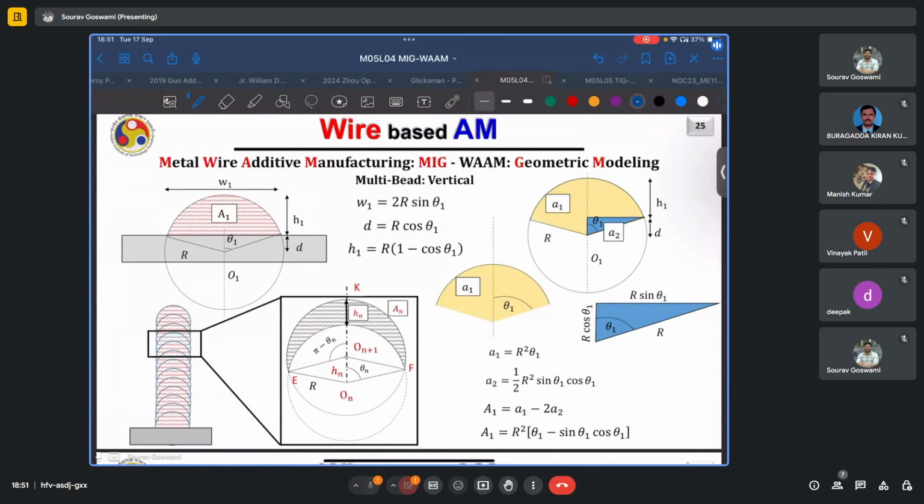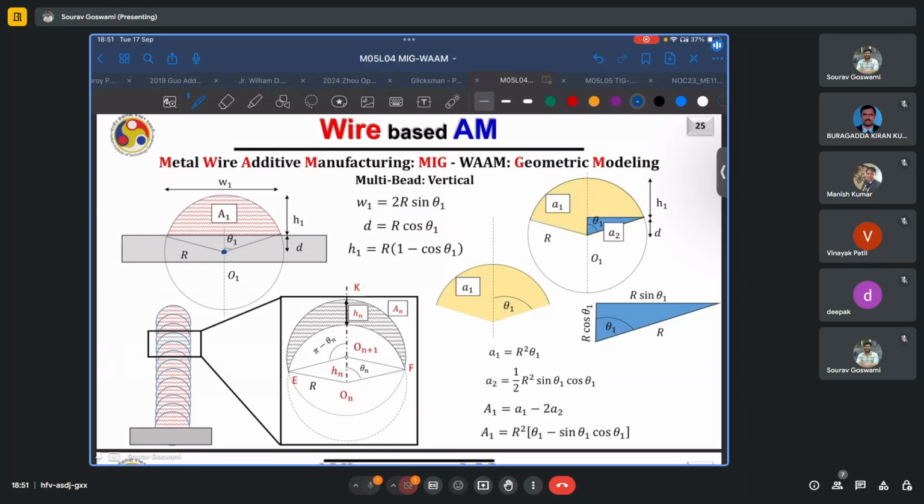And this circle can be displaced in the plane of the slide to best match your observed bead. It has a radius r, and currently the chord of the circle which coincides with the substrate is subtending an angle of 2 theta 1 at the center, so half of it is theta 1.